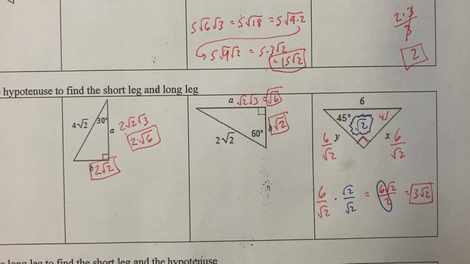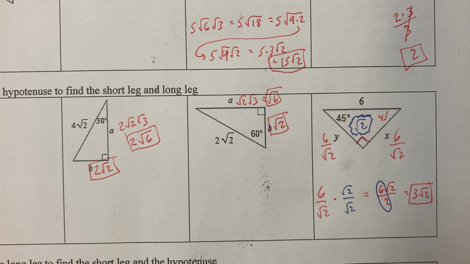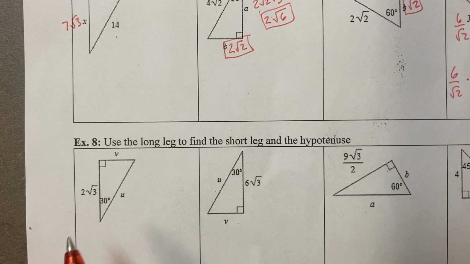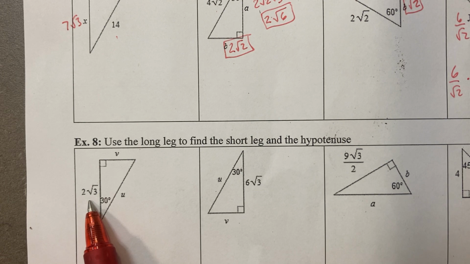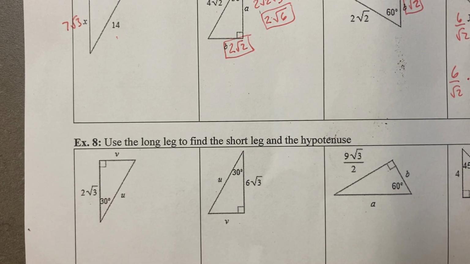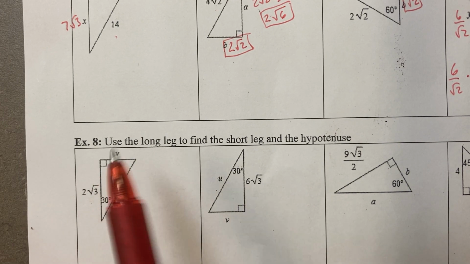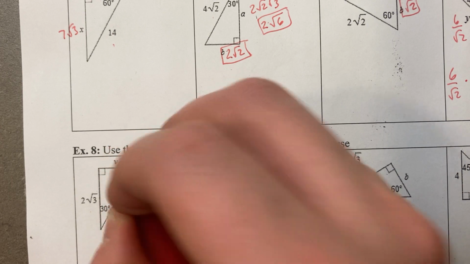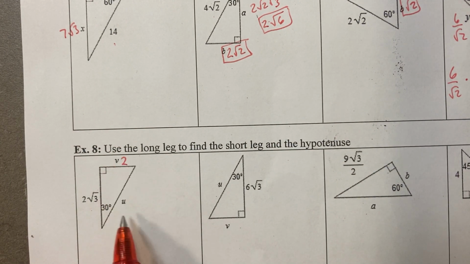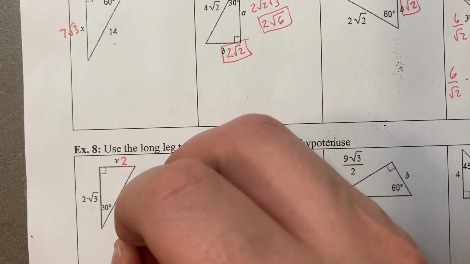Okay, now probably the more complicated of the 3 is when they give you the long leg. They give you the long leg. So what you have to do, if you have the long leg, you have to divide out a root 3 to get to the short leg. So divide the root 3, that just leaves you a 2, and then you double it to get to the hypotenuse.